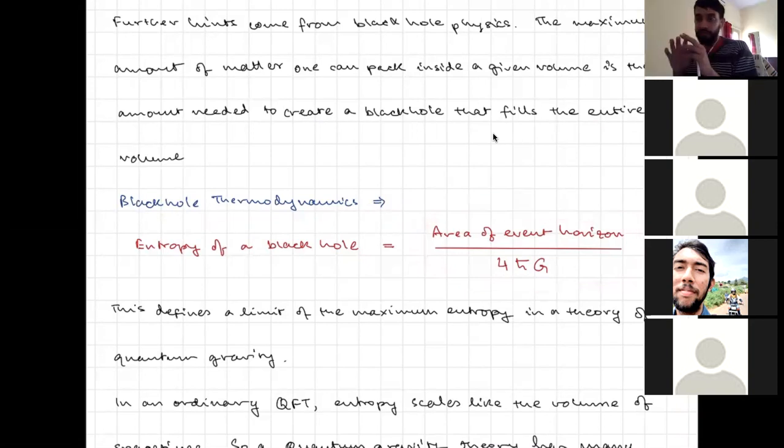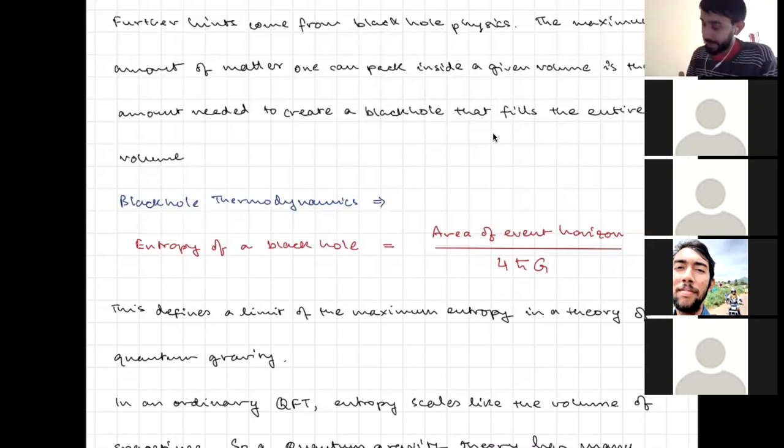The area of the event horizon of the black hole in Planck units, and there's a factor of 4 here. So this defines, in a sense, the maximal amount of entropy that can be there in a particular quantum gravity theory. But notice a very interesting thing here.